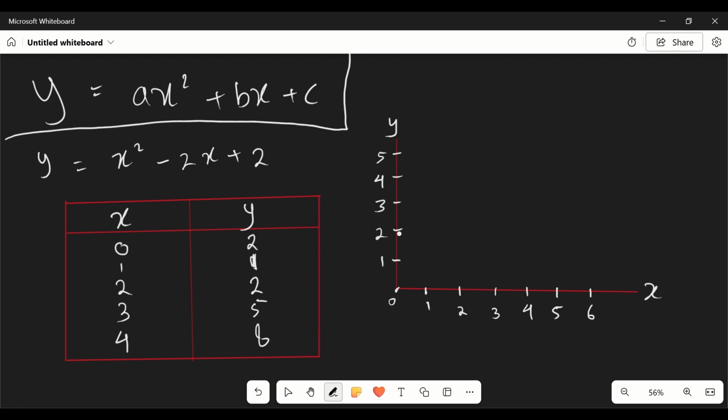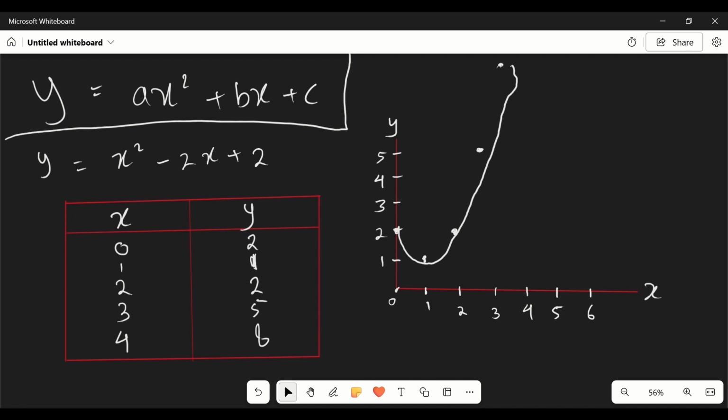Then we can plot this in a graph, y versus x. And this is the picture of the graph y equals x squared minus 2x plus 2.